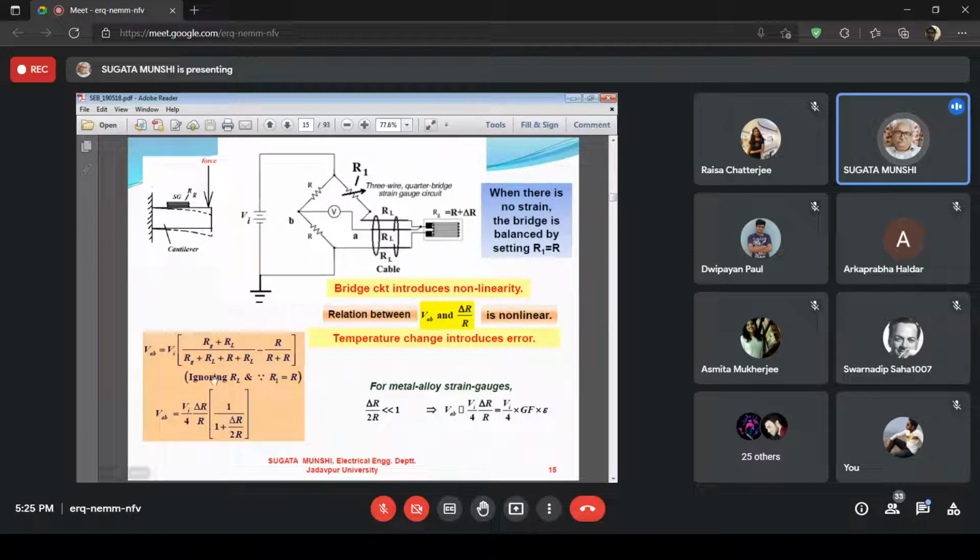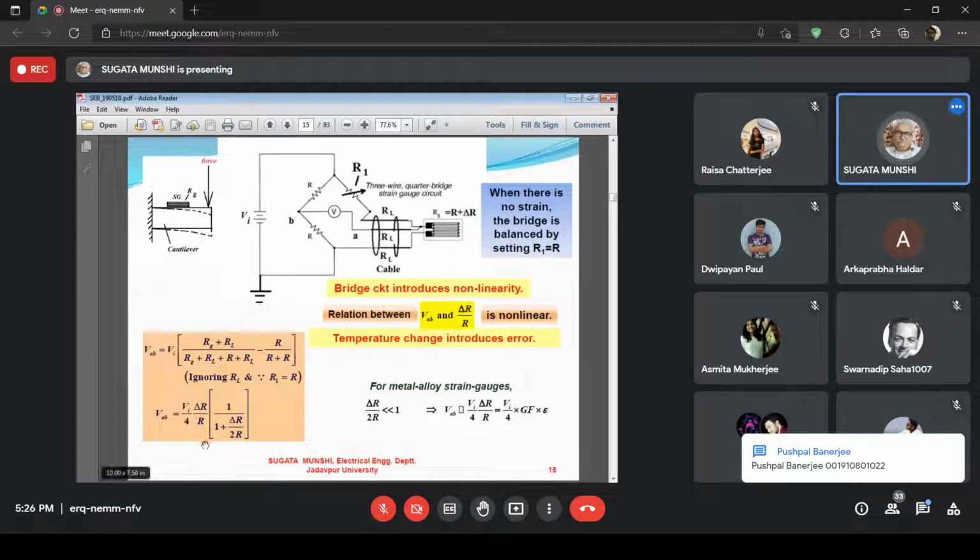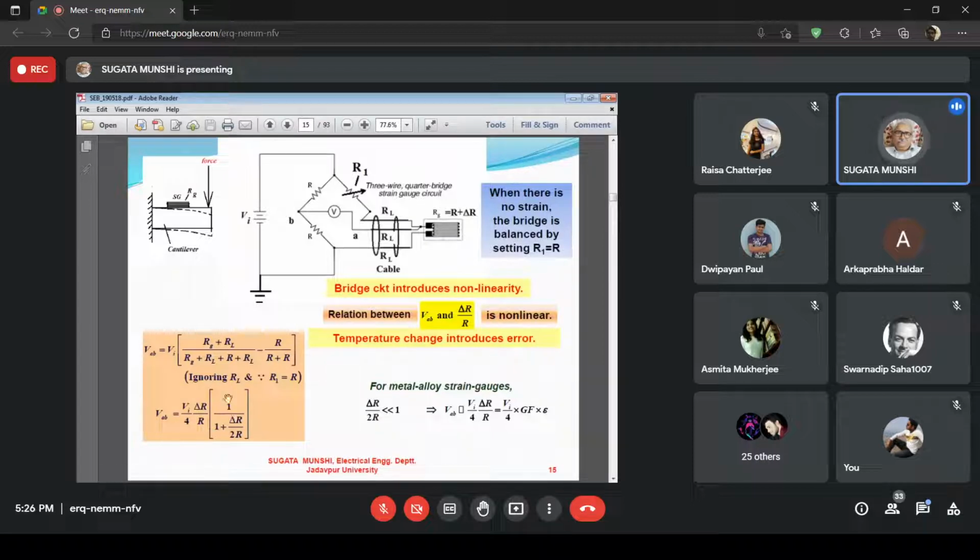It has nothing to do with the type of strain gauge. But for semiconductor gauges, additionally, the relation between delta R by R and epsilon will also be nonlinear. So the situation is more complicated in the case of semiconductor gauges.